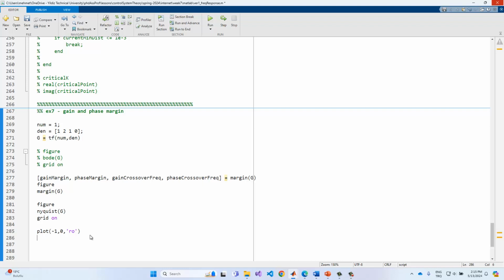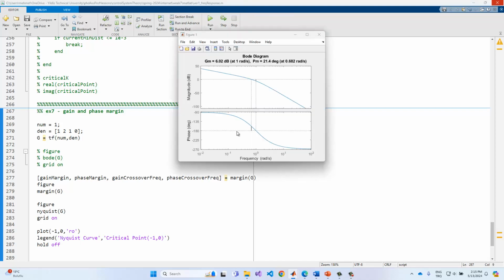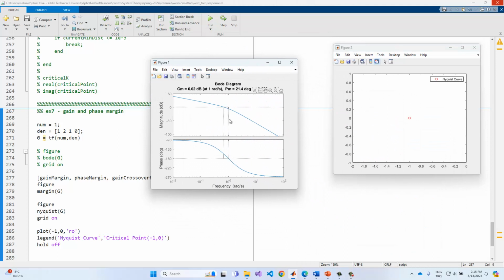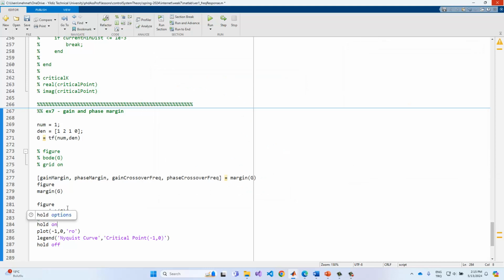The legend can be given here, the Nyquist curve and the critical point -1, 0. So the hold off should be given here. If I run this code, we see the margin at the first place. I'm sorry, the hold on should be given here.